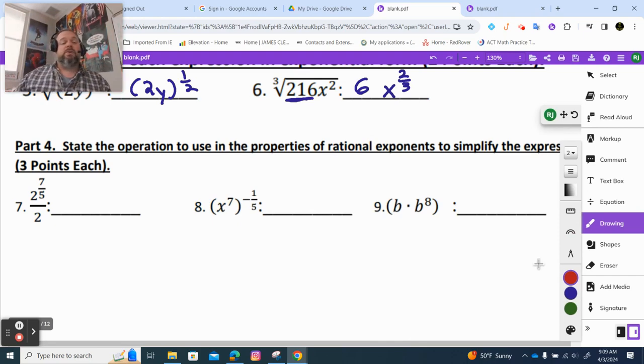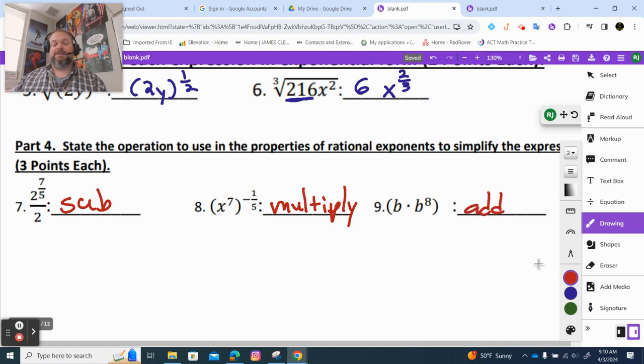Okay. So for number 7, what are we going to have to do? Awesome. We would subtract the exponents. On number 8, we would multiply the exponents. And on number 9, we would add the exponents.